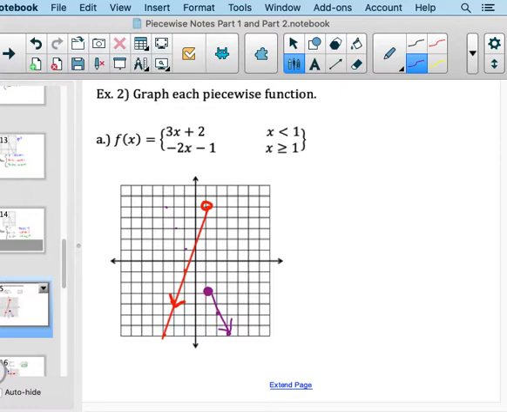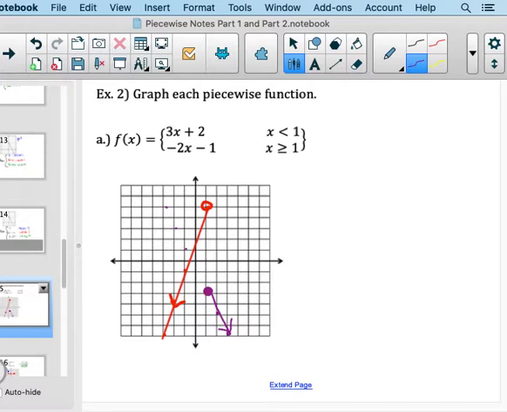Any questions over number 1? If it is a function, you should never have 2 solid dots. Remember the definition of function is that every input has 1 output.